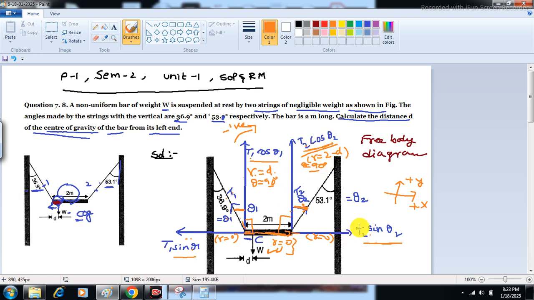So r bar cross F bar, r F sin 90. But F is T2 cos theta 2, r is 2 minus d. In the absence of all other forces, this component of force can rotate the rod in anti-clockwise direction, so the torque is positive.